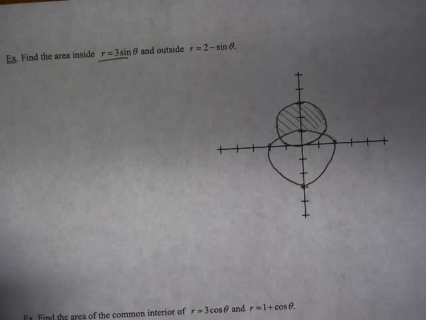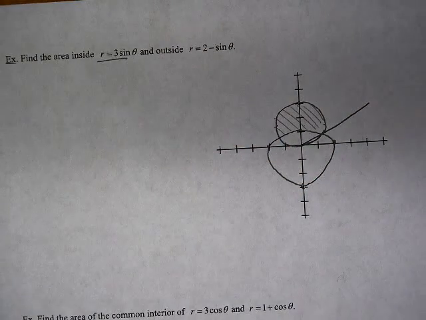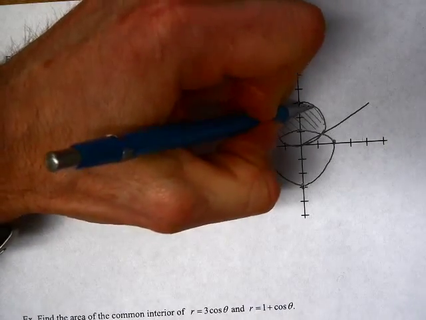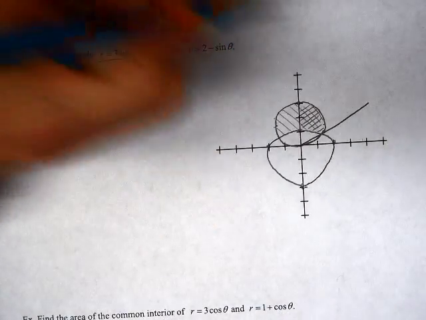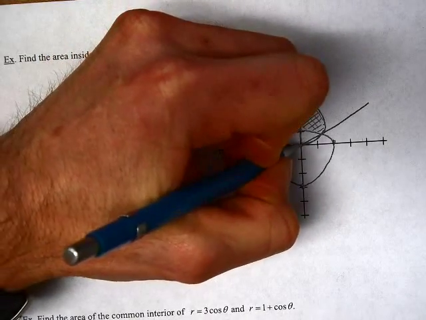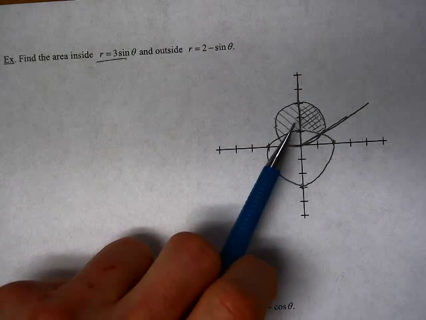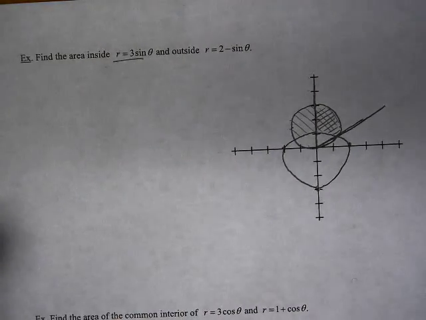Some of our landmarks we want to think about: where do the two shapes intersect? What I'm going to do is find just the right side here, and then I can double it to find the entire area that's inside the circle but outside the limacon.